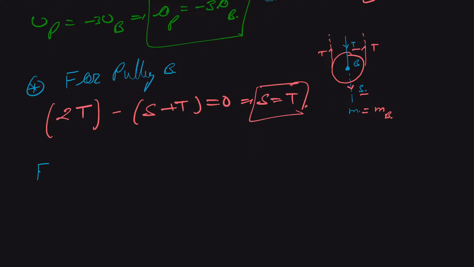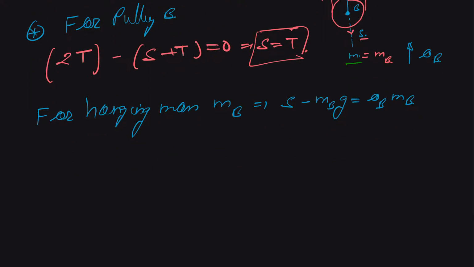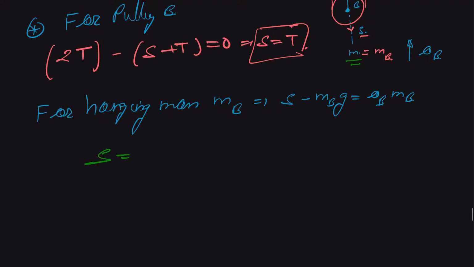So for the hanging mass M of B, if it is moving in the upward direction with acceleration A of B, we can write the equation as S minus M of B times g is equal to A of B times M of B. Now we can substitute M of B as M. Therefore we can say that S is equal to A of B times M plus M times g.